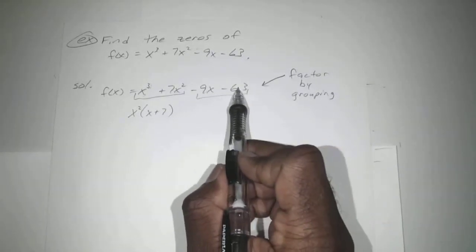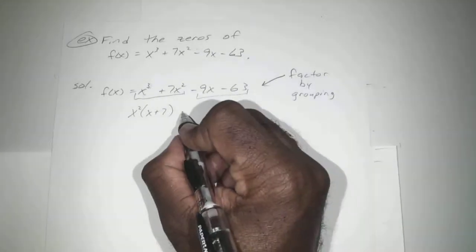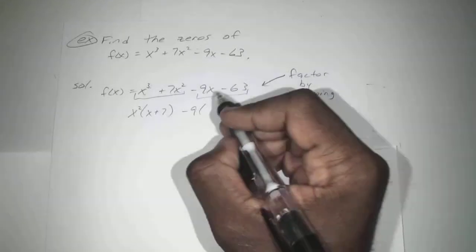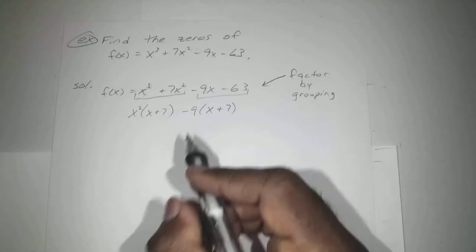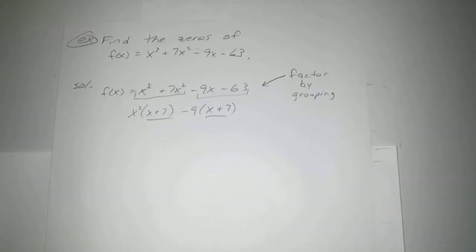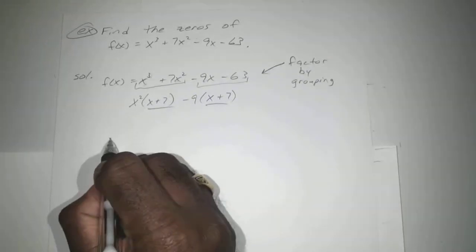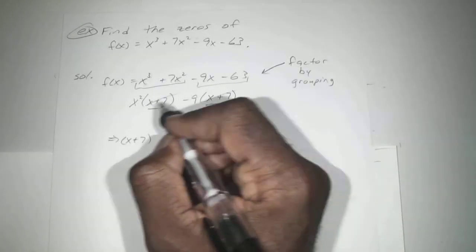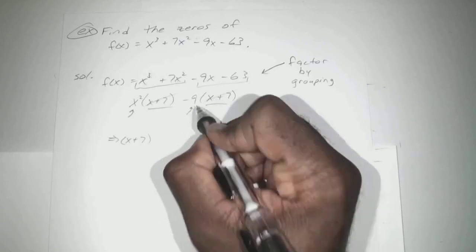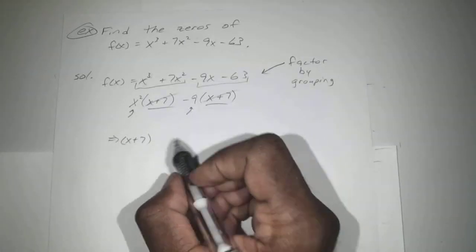And for these 2, we can actually factor out a negative 9, which would also lead us with x plus 7. So since we have our common binomial, we can go ahead and factor that right out to the front. And anything that's left will go into the other parentheses, which is x squared minus 9.